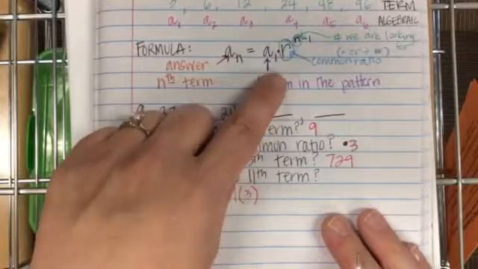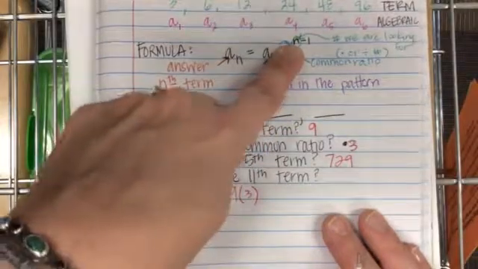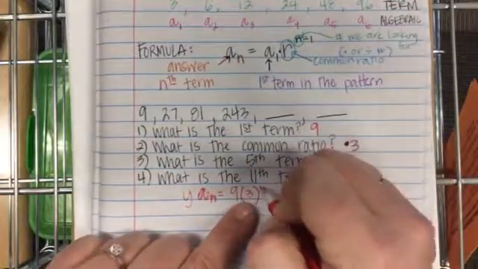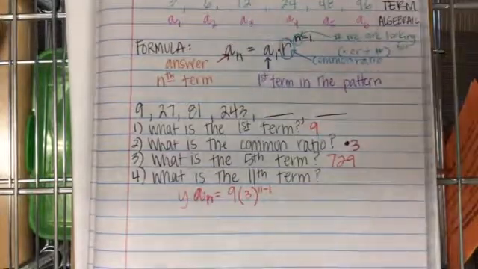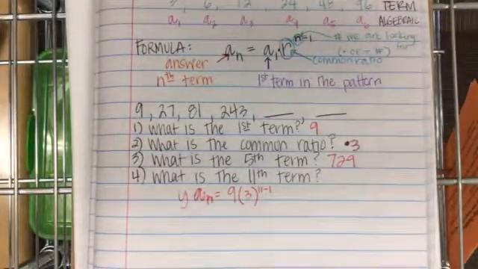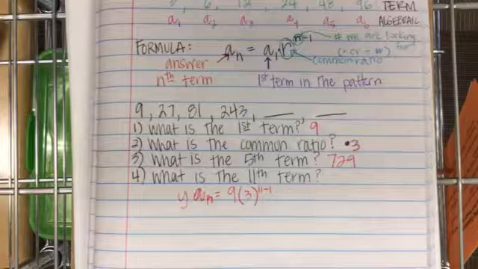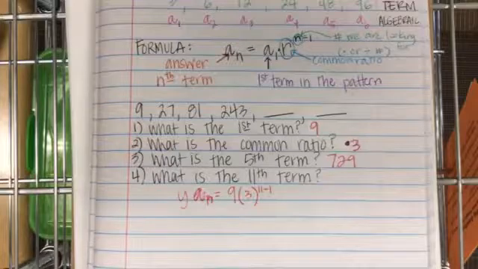To the power of 10. n minus 1. I'm looking for my 11th term, so 11 minus 1. 9, my first term, times my ratio, which is 3 in this problem, to the power of 11 minus 1.